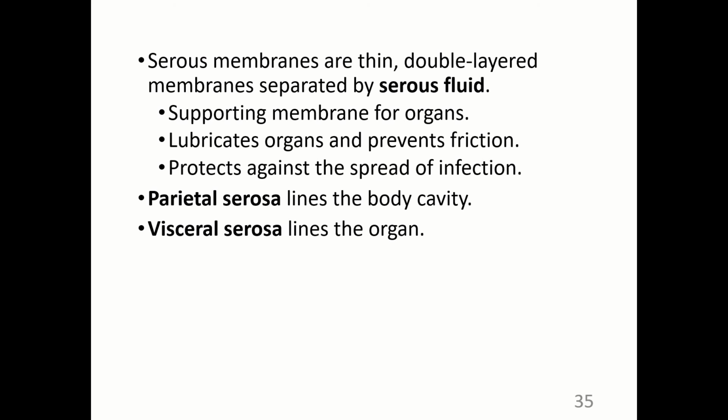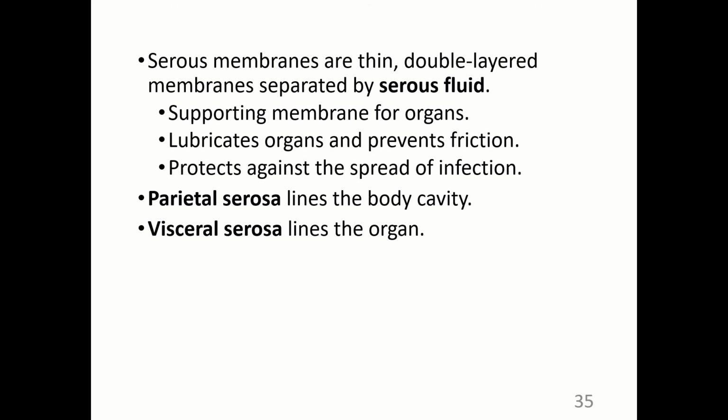Serous membranes are thin, double-layered membranes separated by serous fluid. They are the supporting membranes for organs. They lubricate organs and prevent friction, and they protect against the spread of infection. There are two major types of serous membranes, the parietal serosa and the visceral serosa.